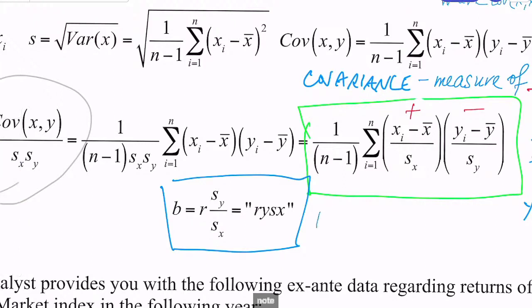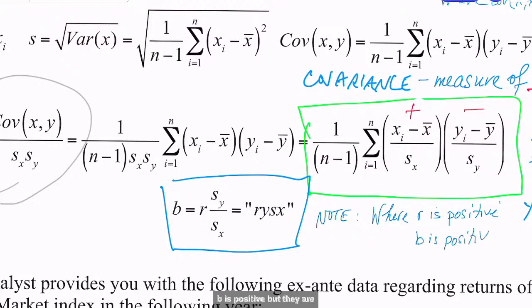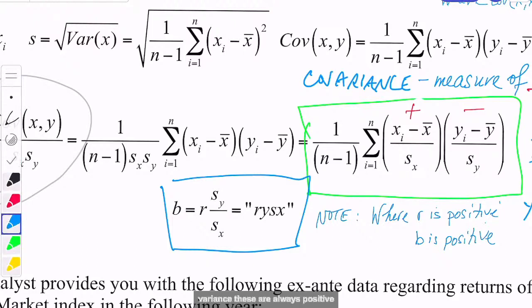Note, when R is positive, B is positive, but they're not necessarily the same number, that's the point I want to make. They are different values. They could end up being the same, but they are different values depending on the SY and the SX. These are positives, right? Standard deviation is the square root of the variance. These are always positive values.